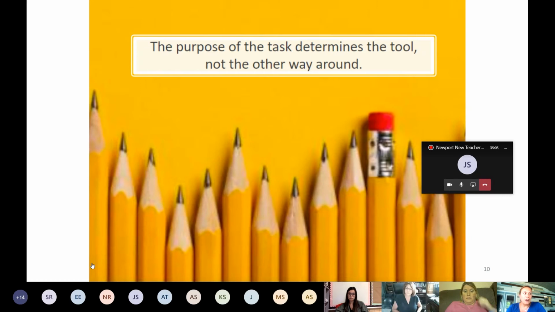What I want to be careful of is don't get overwhelmed by all of these. You're not going to be an expert in all of them. No one expects you to. If anything, you almost want to start with just a couple of them. And maybe even within your department, your team, your grade level team, or your school, choose which ones you guys are going to use so that it's easier too for students and parents.